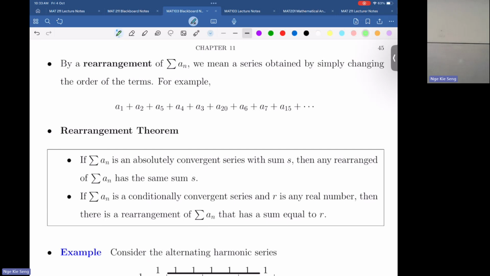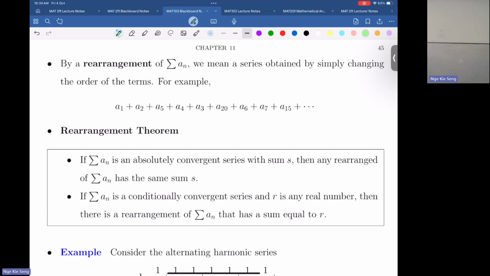So if it converges, that means there's a sum there, a finite sum. Then the theorem says that no matter how you arrange the terms inside your series, it still computes the same sum. I think this matches expectation, right? It shouldn't depend on the order, because sum is commutative.